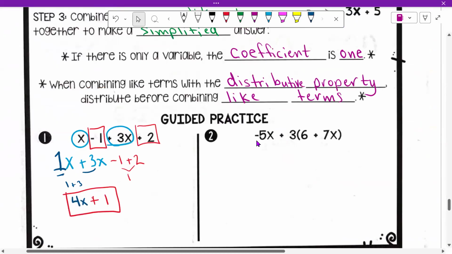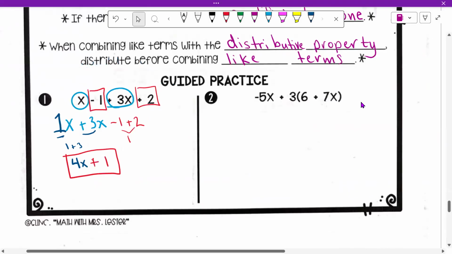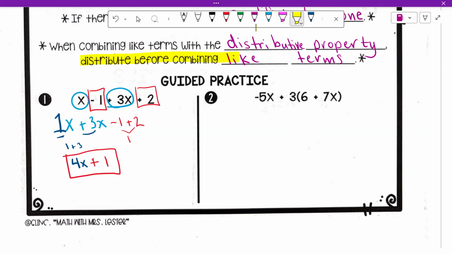I skipped guided practice number 2 on the side that was combining like terms because it had a parenthesis, and parentheses mean distributive property. So I have to distribute before I combine like terms. So I have to do this first. And I'm going to include that plus sign with my 3. Okay, so I'm not going to do anything with this negative 5x.